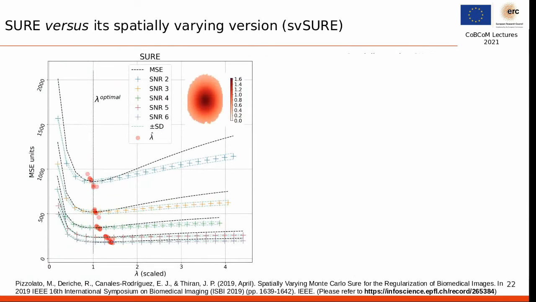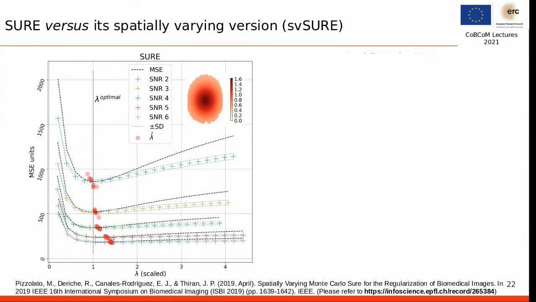So here I want to illustrate a little bit the comparison between the standard version of SURE and its spatially varying counterpart we came up with. In this graph, we see some black lines corresponding to the mean square error between the original ground truth image and the one we obtain through our operator, through our regularization setup.